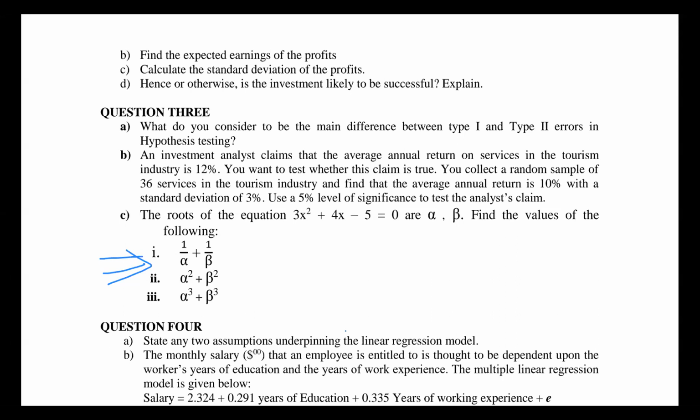So what you do, you are given the roots of the equation. The equation that you're given is this one, and these roots are called alpha and beta.